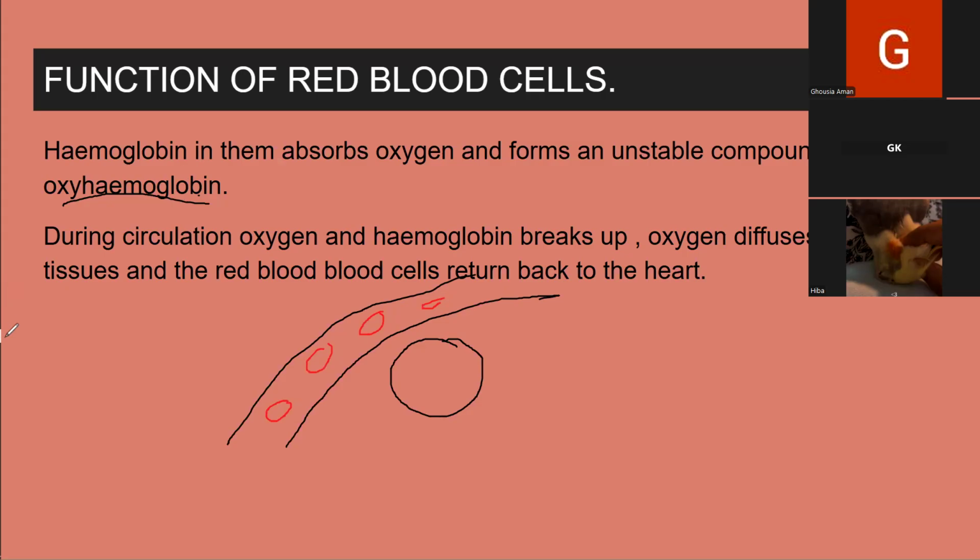So when they come near the cells, oxygen and hemoglobin split up. The bond between oxygen and hemoglobin breaks. Oxygen goes to the cells, and hemoglobin returns back to the lungs to pick up more oxygen.